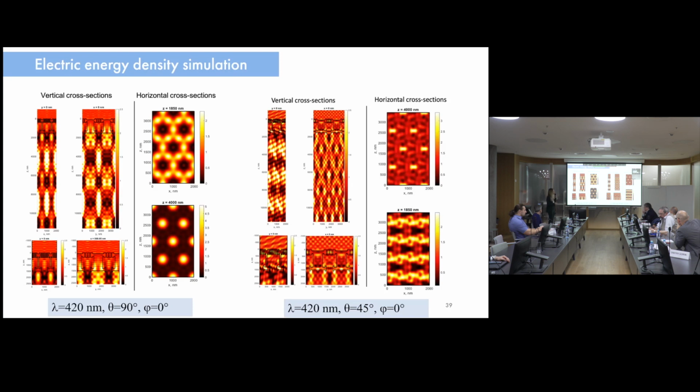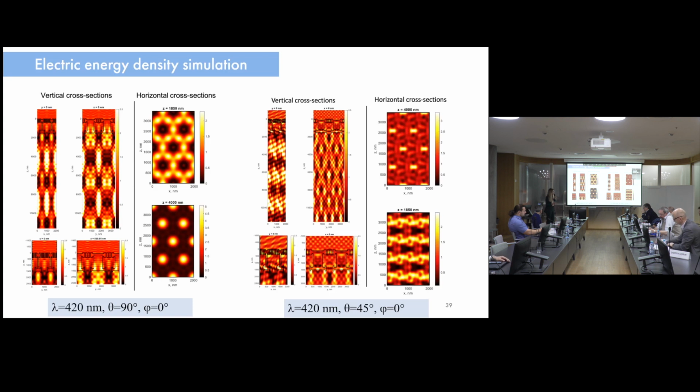This pattern looks similar to the so-called Talbot interference pattern, which represents replicated bright spots and dark spots under the frustule. Here we are showing separately vertical cross sections, and here the horizontal cross sections at a specific zeta coordinate.